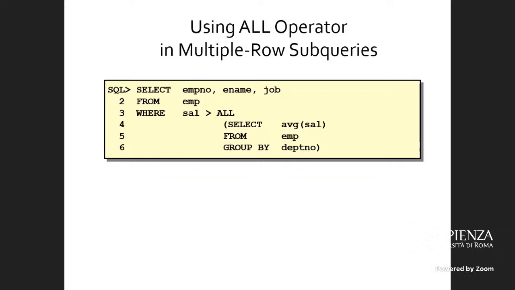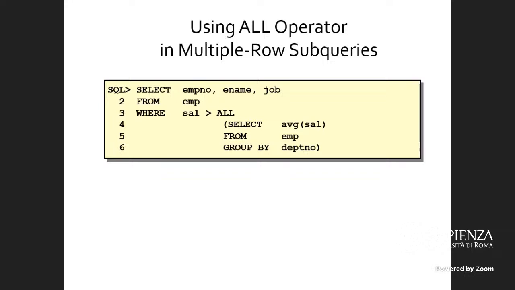So let's say the average salary in sales is 8,500. The average salary in, let's say, IT is 2,000. Now we are saying greater than ALL.